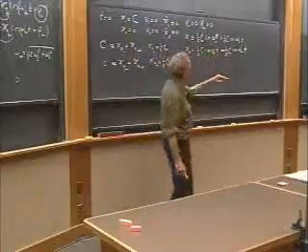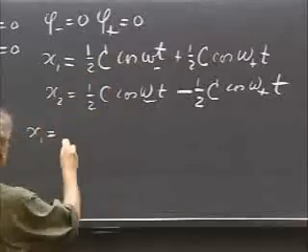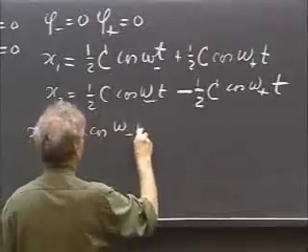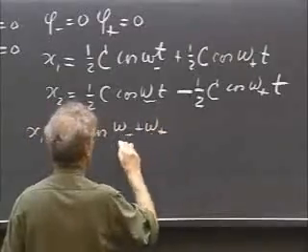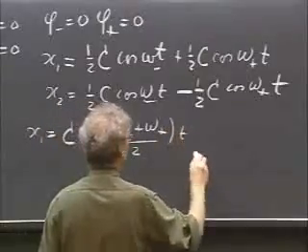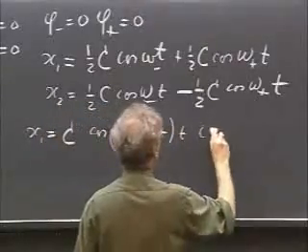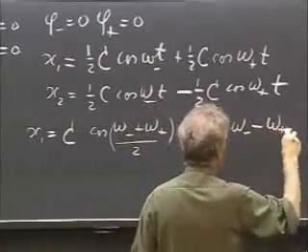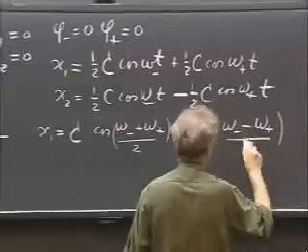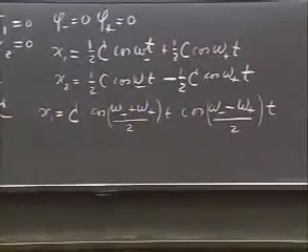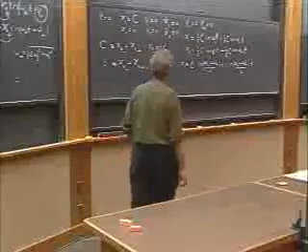So that 2 that I get eats up these 1/2s. So I get c times the cosine of omega minus plus omega plus divided by 2 times t, times the cosine of omega minus minus omega plus divided by 2 times t. I've just rewritten it in a different form.